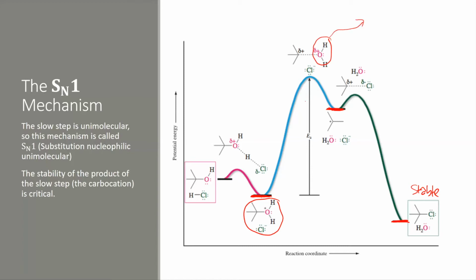The carbocation is by itself, and then we add the chlorine. Unimolecular, there's only one molecule acting on this carbocation at a time. And again, the key thing here is that the stability of the product of the slow step is key. The carbocation stability is key to this reaction and how it will progress.